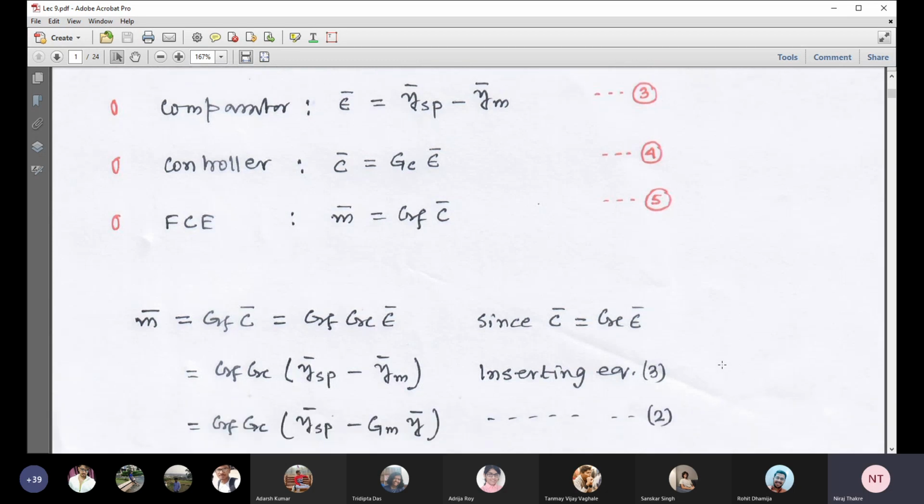Then in place of ym, we will substitute equation 2. In place of ym, we are substituting equation 2.